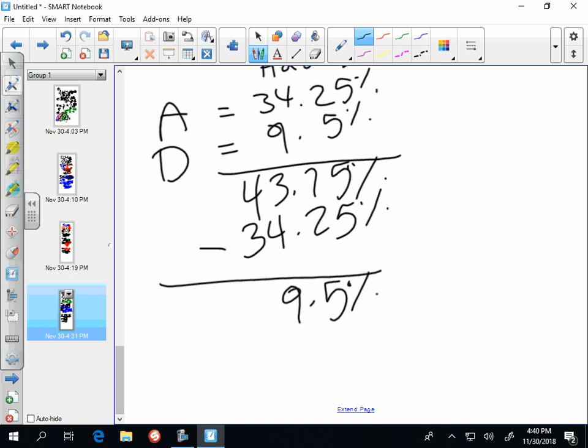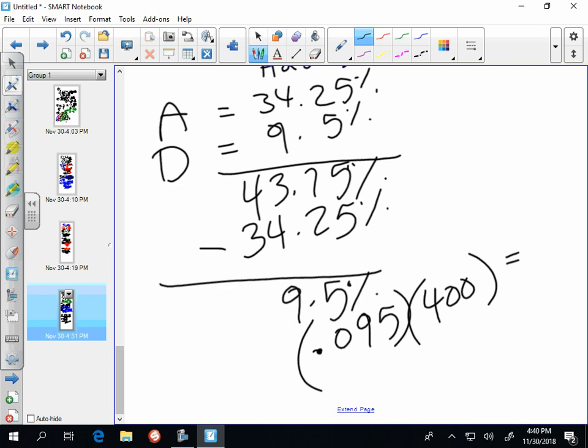And how many people were in the study? 400 people. So if I do 0.095 times the 400 people in the study, I end up with 38 more people who had mild or no side effects compared to people with severe side effects.